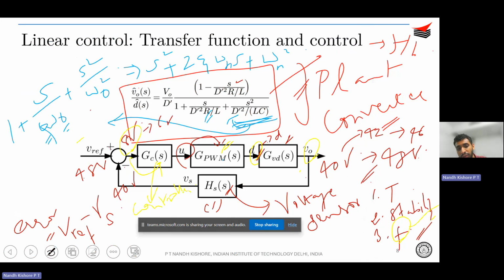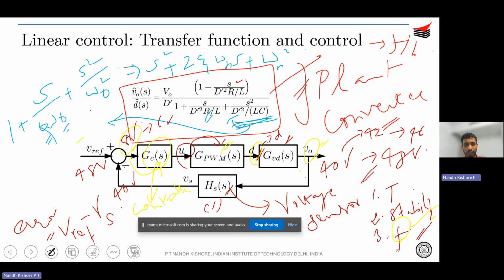Based on the variation in duty, your V naught obviously varies, right? Once your V naught increases or decreases, the error again takes corrective action until steady state is reached. In how much time steady state is reached, how much time the error is mitigated, all of that depends on what kind of controller you use. You can use fast responding controllers or slower controllers.